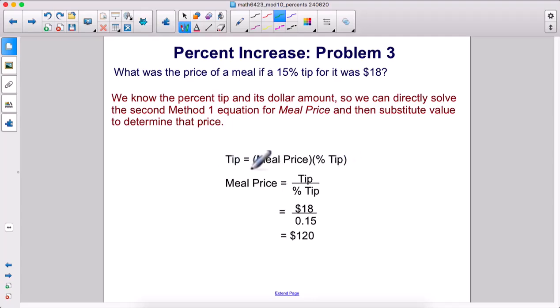The tip equals the meal price times the tipping percentage. We can solve this for meal price by dividing both sides by percent tip. We know that the final tip was $18. We know that the tip percentage was 15%, which converted to a decimal is 0.15. 18 divided by 0.15 gives us a meal price of $120.